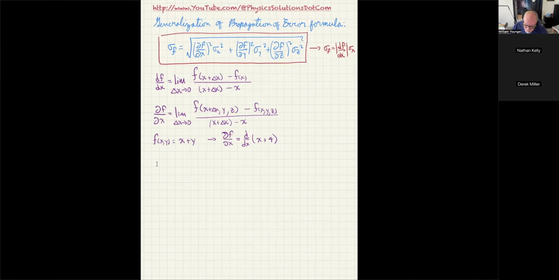Now, if you take the derivative of this, you can see this is a one variable function. So we know how to do that. The derivative of x plus 4 with respect to x is just 1 because it's literally the coefficient of the x. Now, since the y did not appear in the final answer, we don't have to go back and put the y in, but that's normally what we would do when we're using this trick to trick ourselves into doing a partial derivative.